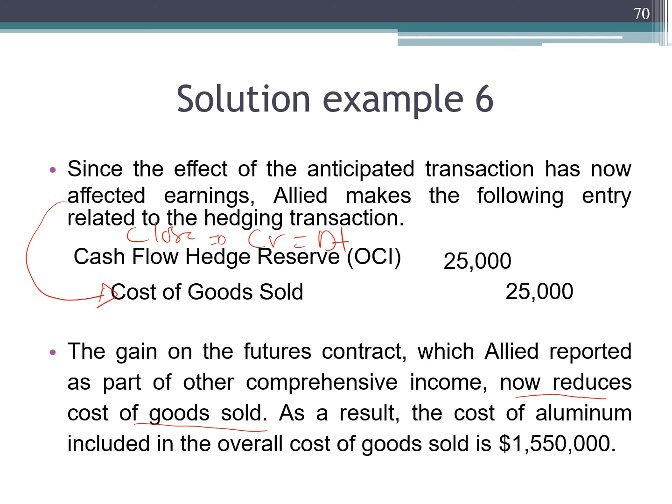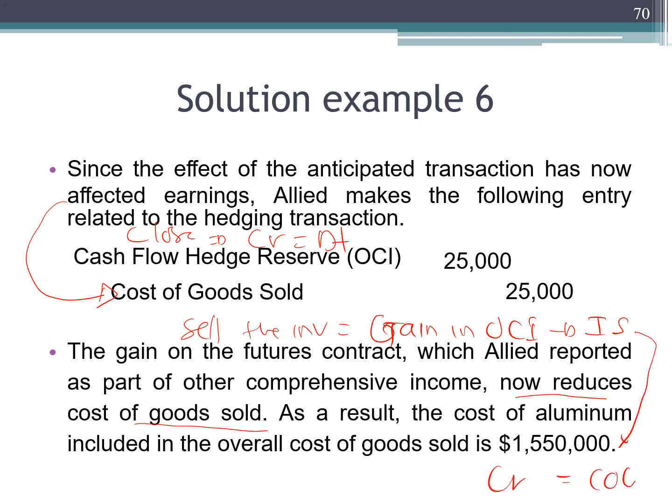When we sell the inventory, we need to transfer the gain from other comprehensive income to the income statement. How are we going to transfer it? By crediting the COGS. As a result, the cost of aluminium included in the overall cost of goods sold is only 1,575.